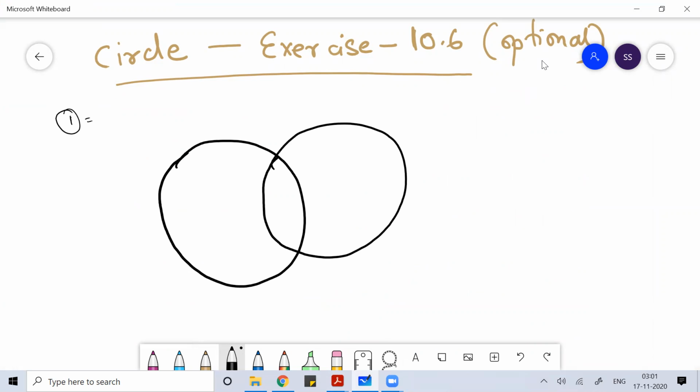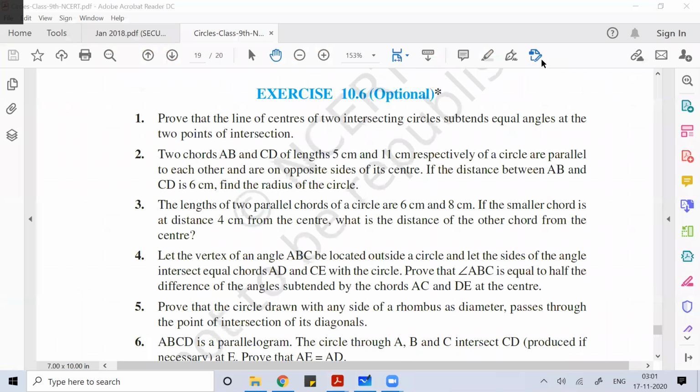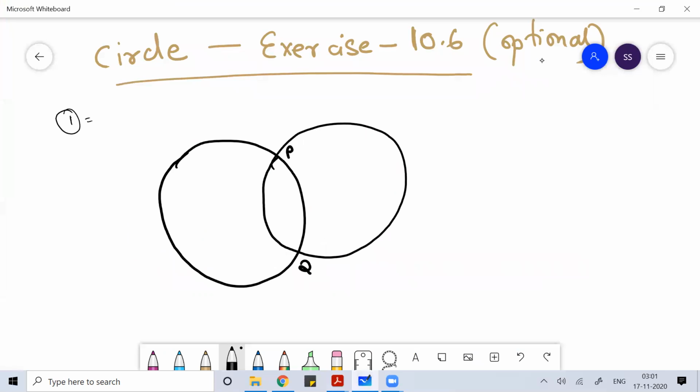Suppose the points of intersection are P and Q. Suppose the centers are O and O dash.